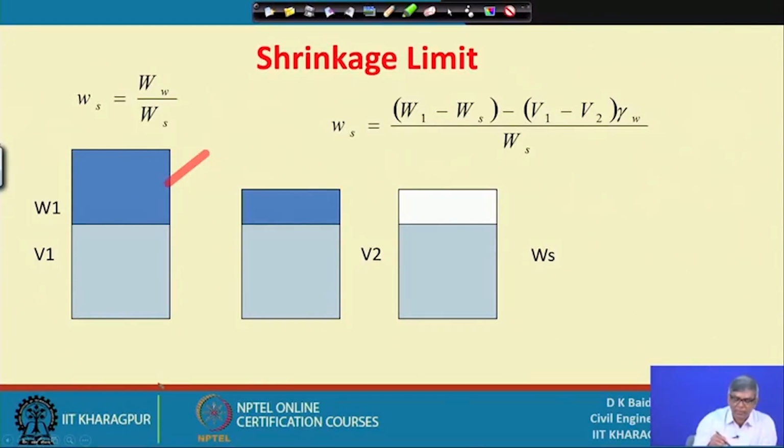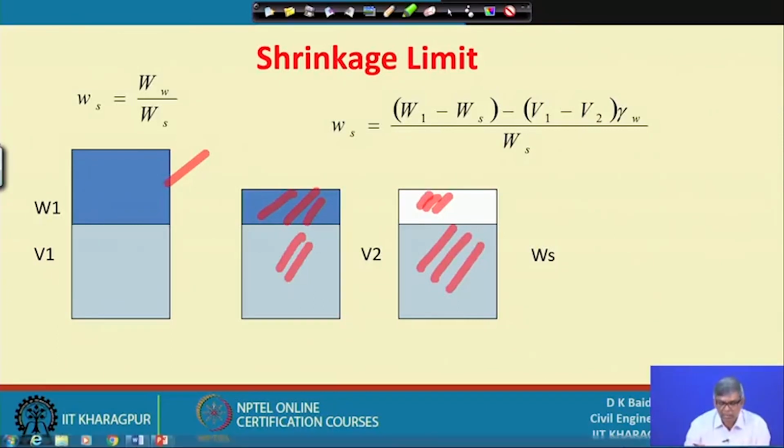After drying, at the shrinkage limit, this was the volume; this portion was water and this portion was solid. After drying the volume will not change, so this becomes air, which does not have any weight, and this becomes solid. Ultimately you have to find the water content at this stage, that is the shrinkage limit.